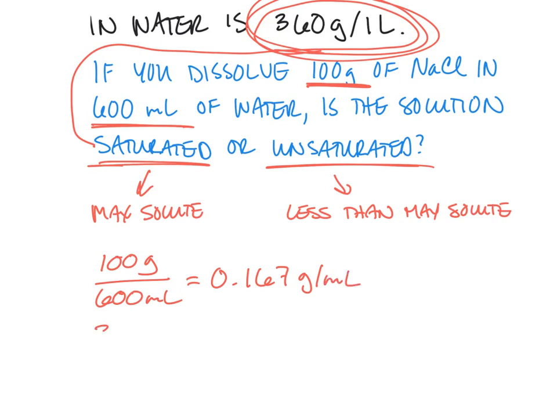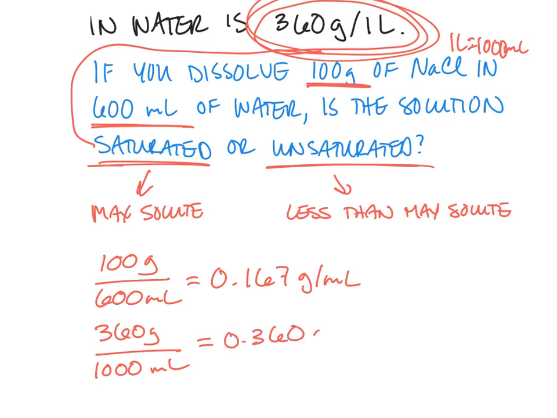And then I'm going to do my 360 grams in 1,000 milliliters. Again, I'm rewriting this just because 1 liter equals 1,000 milliliters. So if I do 360 divided by 1,000, I get 0.360 grams per milliliter. So I'm going to compare these two numbers.